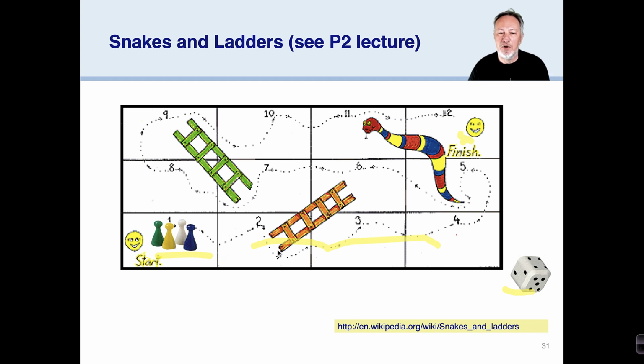If you land at the bottom of a ladder, you go up to the top of the ladder. If you happen to land at the head of a snake, you go down to the tail of the snake. And if you land on a place where there's already an existing player, then you will jump back to the beginning. The game is moderately fun for little kids because they learn how to play a game according to these strict rules, but it's very boring once you start playing other games and you realize that there's no room for strategy.